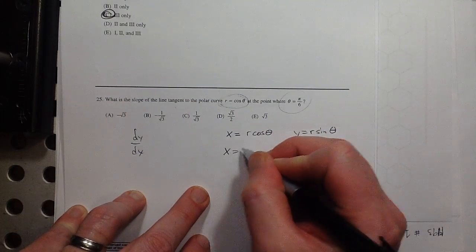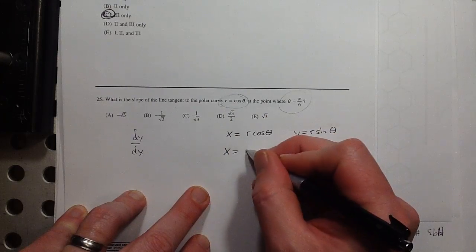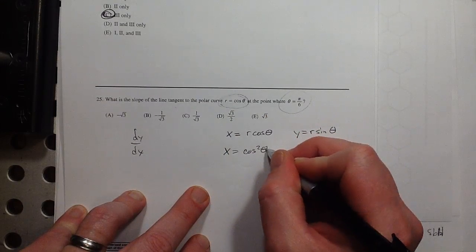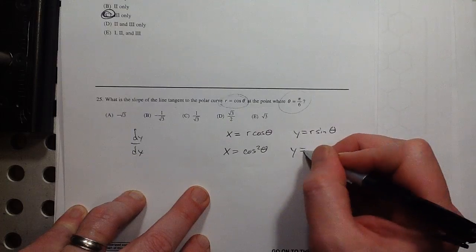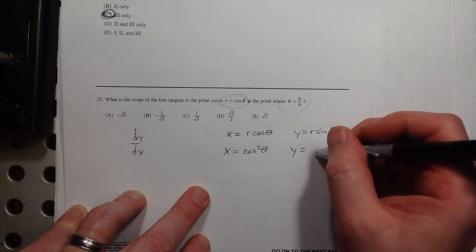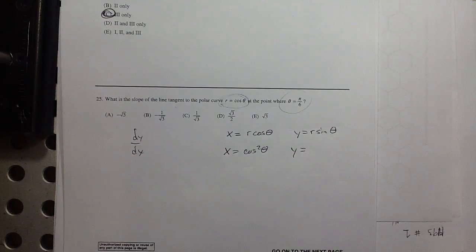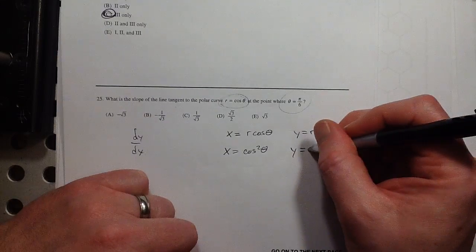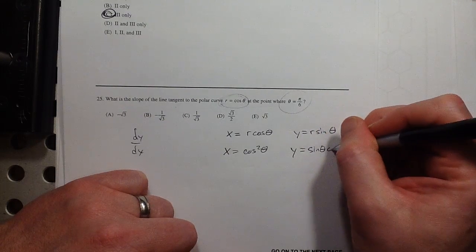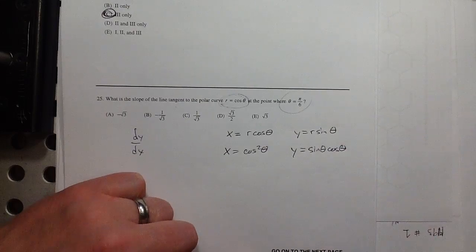So x is equal to r, which is just cosine, so that's cosine squared theta. And y is equal to cosine theta times sine theta. There's a trig identity you could use there, but let's just pretend we didn't notice that. So we'll just write it out like this.